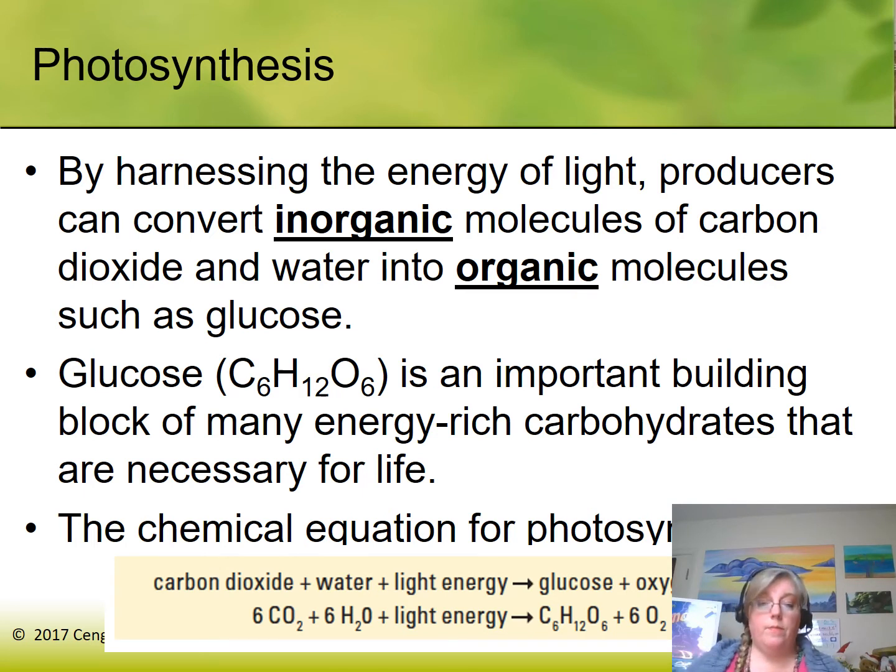And the equation for photosynthesis, again, it's hidden behind my picture, but you know what it is. You have the carbon dioxide plus water plus light energy is going to yield glucose and oxygen. So it's 6 carbon dioxide specifically plus 6 waters plus the light energy is going to give you 1 glucose molecule and 6 oxygens. Okay. You learned it in the past.